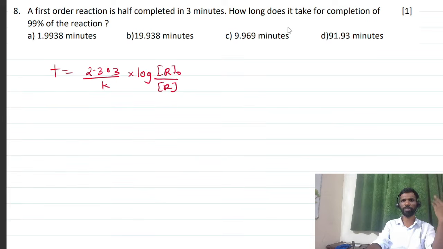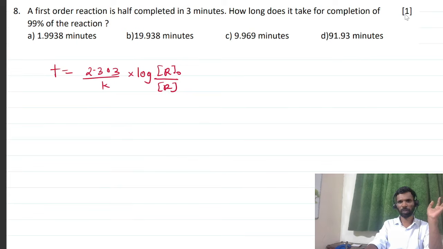See this, that was an exceptional case where it was asked for 1 mark. This question should be coming for 2 marks. If it is MCQ, then it will surely come for 1 mark, but there is so much work in this that 2 marks are deserved. So 2.303 by K into log of R0 by R, we need to find K.